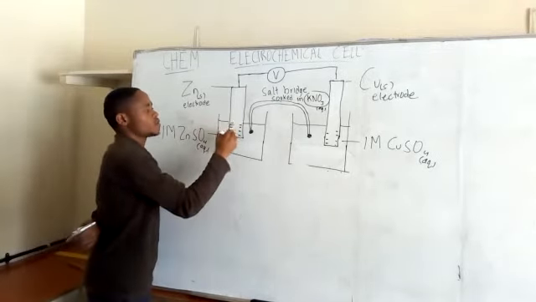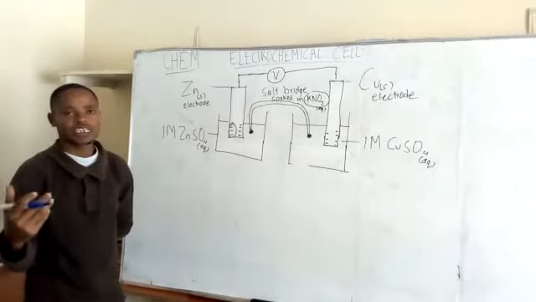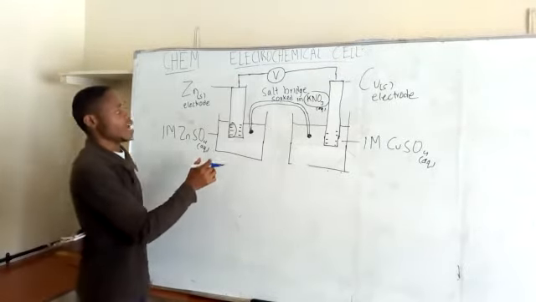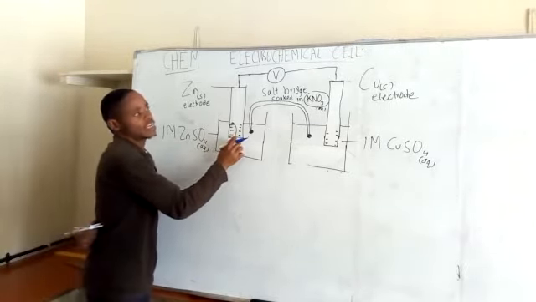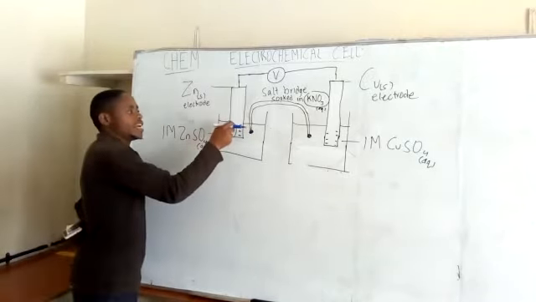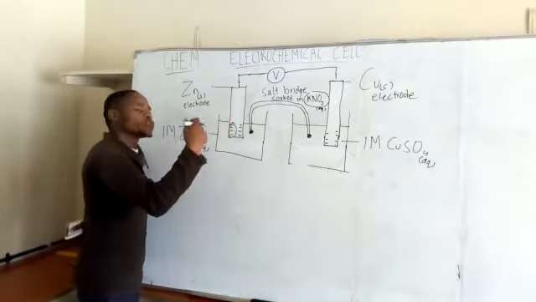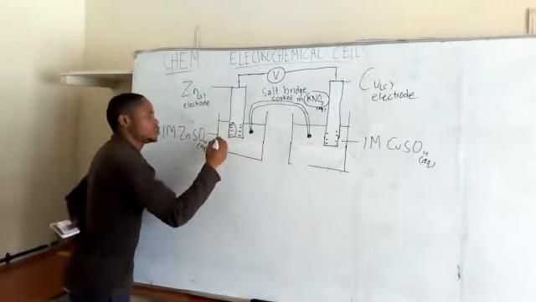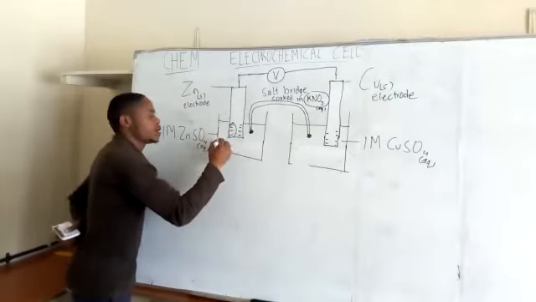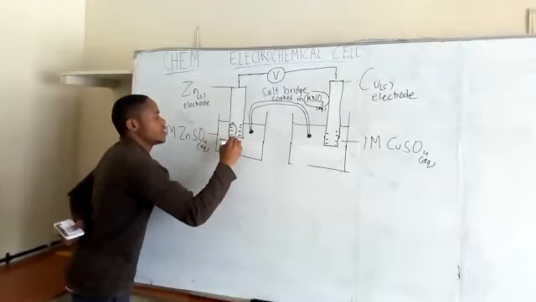concentration of the negatively charged electrons will be higher in the zinc than in the copper. Remember, once the atom loses electrons, it goes into solution. So in the solution here, we are going to have more accumulation of zinc ions.